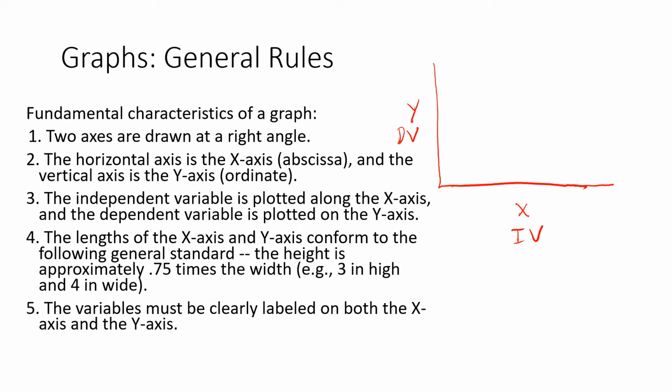And the variables must be clearly labeled, both the x and the y. Let's say we were trying to see the effects of test preparation on anxiety. So we would label this preparation and anxiety.